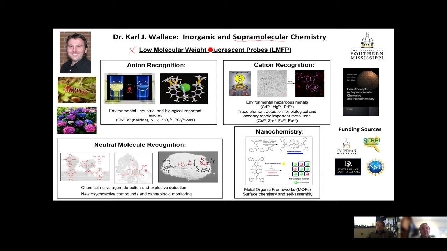So there's a lot of interest in making sensors that are either colorimetric or fluorescent. That's what I do mainly, is optical spectroscopy. So can we make small molecules, which I call LMFPs, that can change their optical properties based on either anion recognition, cation recognition, or neutral molecule recognition.